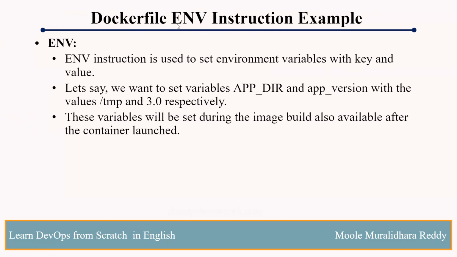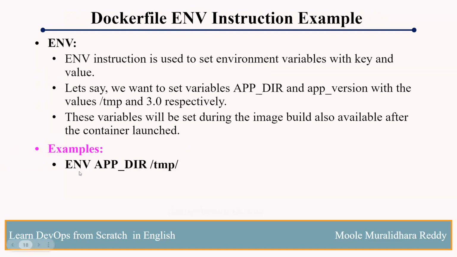When you use the ENV instruction, it will be available at build time and also after the container is running. Whatever environment variables you set, they will be available when you build the Docker image and also when running the container.